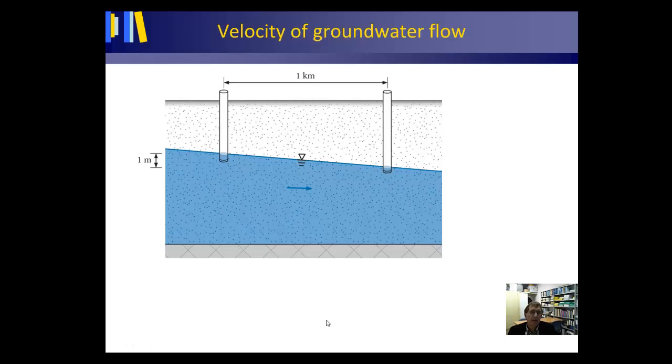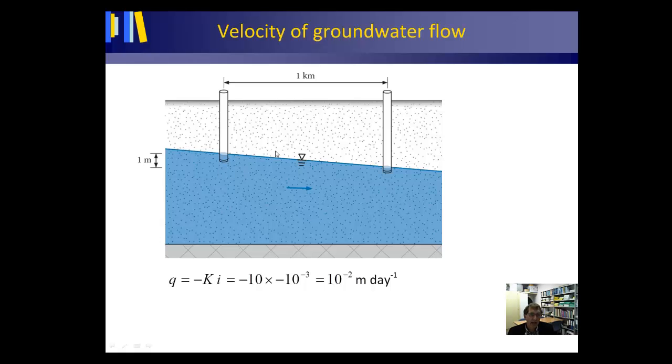So, if we come back to our original problem, can we determine the velocity of the groundwater flow? Yes, that's quite easy. Let's imagine that this is a sand body, a sandy aquifer. Then your K value will be in the order of 10 meters per day.